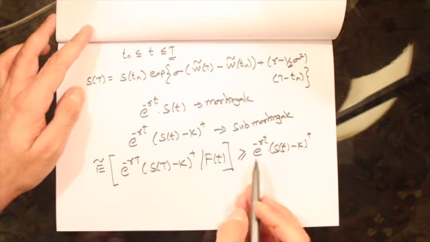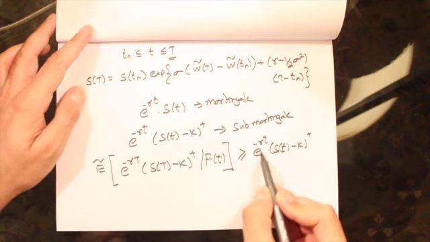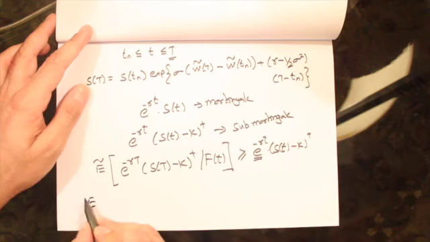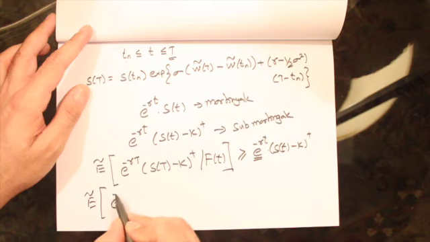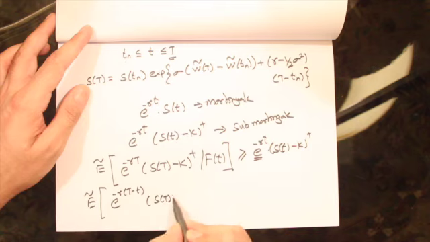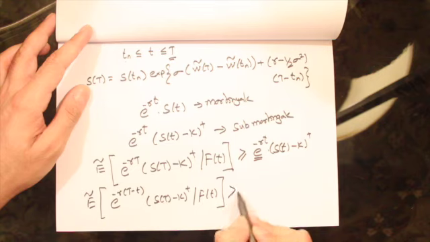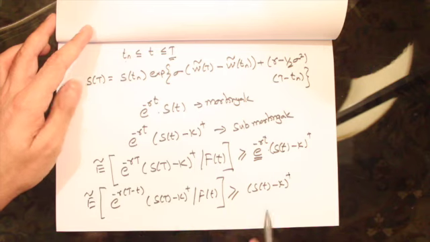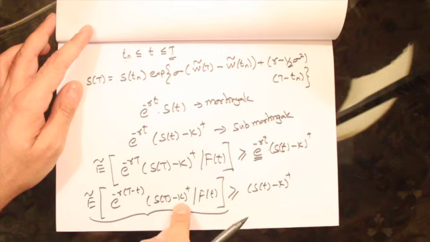So now we can simplify this a little bit. We can divide both sides by e to the power of minus r small t. In that case, we'll get the expected value of e to the power of minus r (T minus t), S of capital T minus K plus, given information at time t, is greater than or equal to S of t minus K plus. And as we discussed in the previous lecture, a European call option would have this payoff, S of capital T minus K, right?